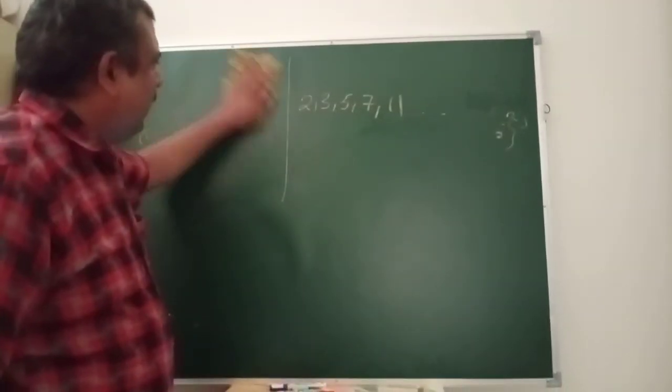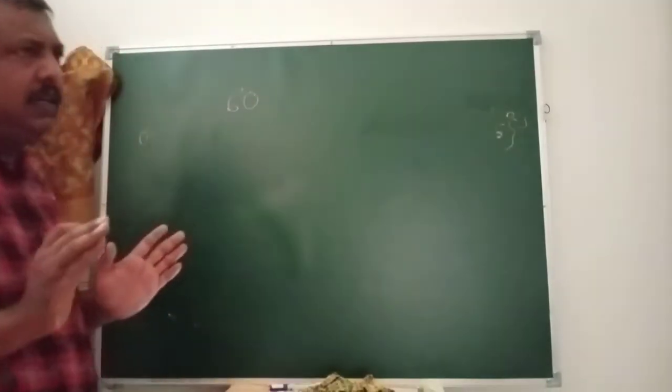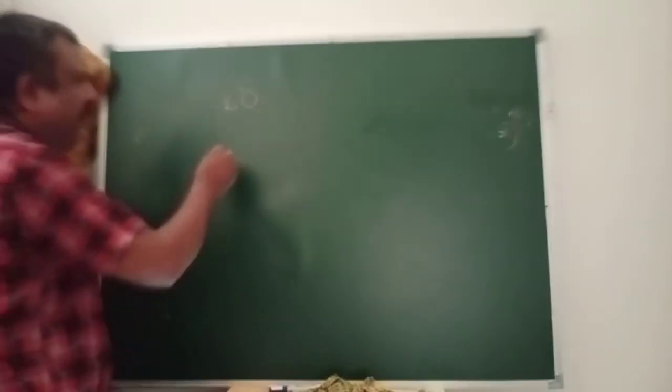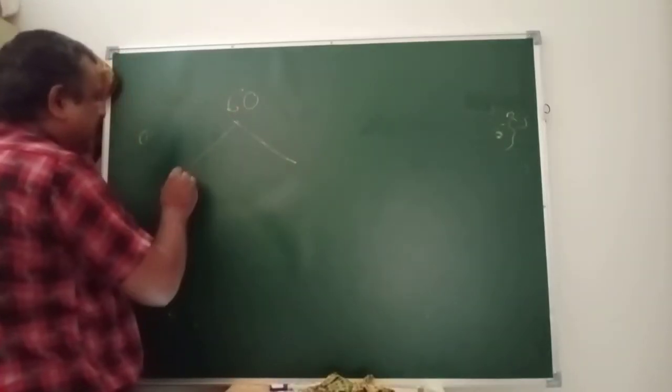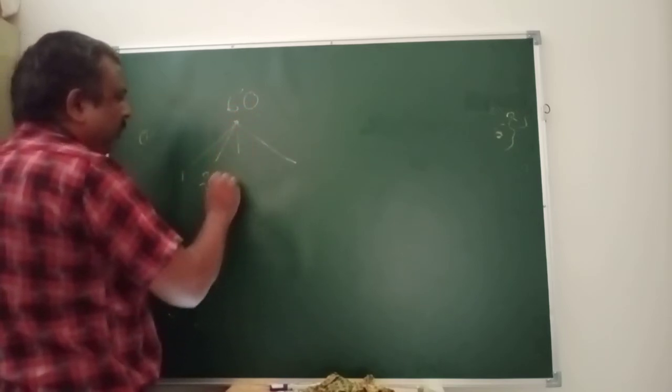So they are asking about the divisors of 60. The question is related to the divisors of 60 which must be prime. So if I am talking about the divisors of 60, which ones can there be? So say 1, 2, 3.